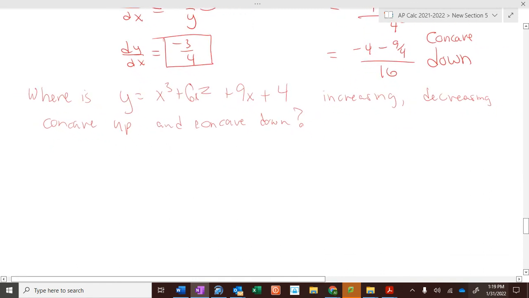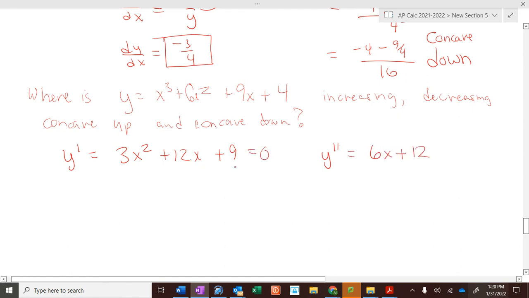Looking at this function, where is it increasing, decreasing, concave up, concave down? First derivative is 3x squared plus 12x plus 9. Second derivative is 6x plus 12.